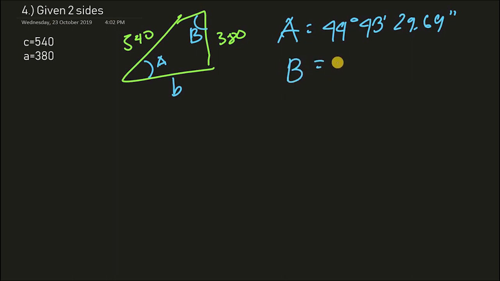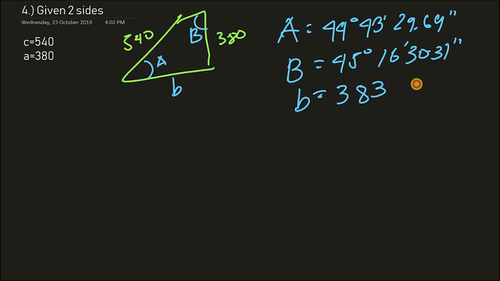Angle B would be equal to 45 degrees, 16 minutes, 30.31 seconds. The value of our side B would be equal to 383.6665. Alright, so try solving it and we evaluate if you get the final answer.